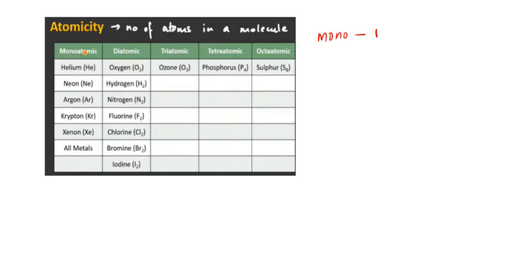Here, I will quickly give you useful rules. Metals are considered as monatomic. So all metals are considered as what? Monatomic.